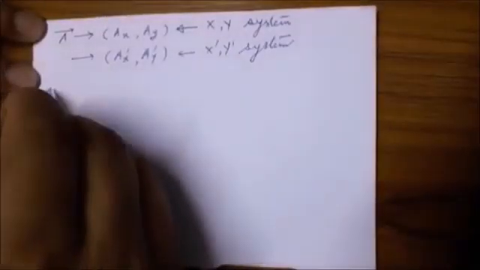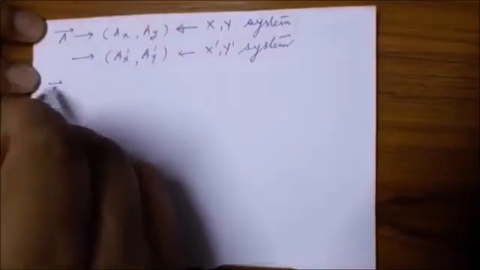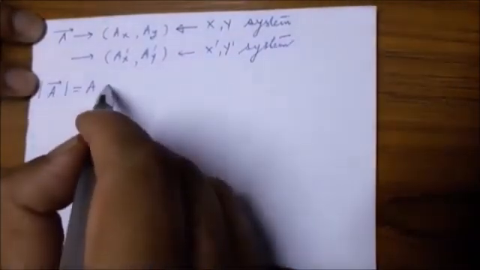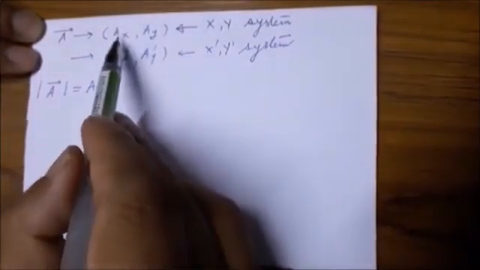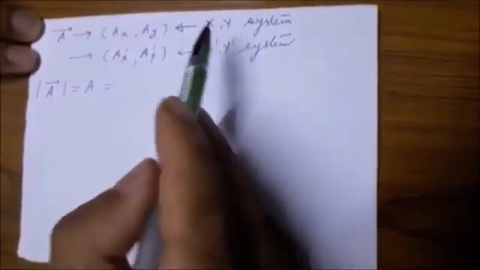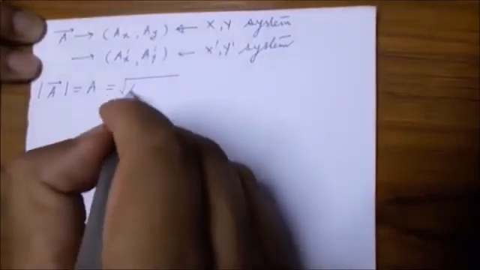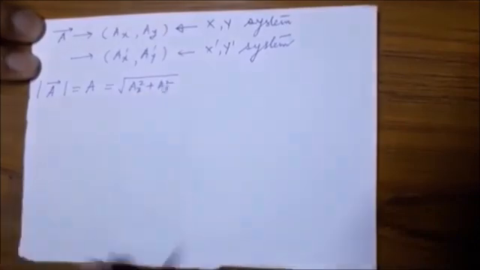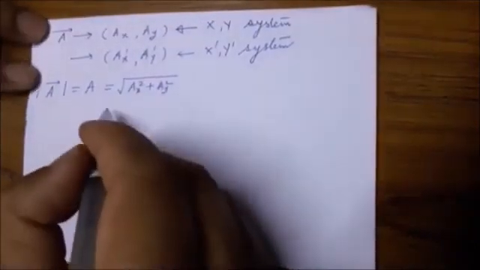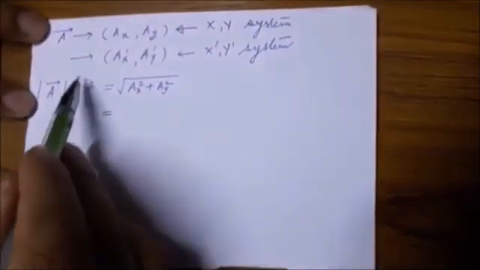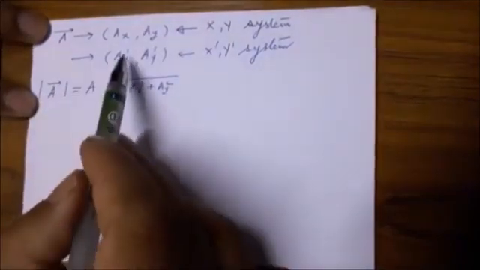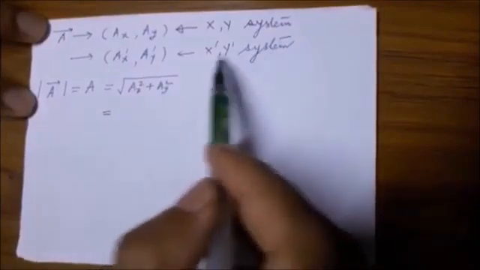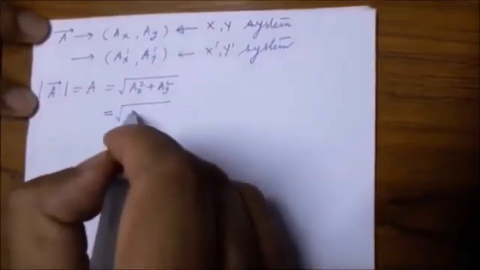Now the modulus of vector A, which we denote by A, is related to AX and AY in the XY system through this equation. And again the modulus A is related to AX prime, AY prime of the primed system through this equation.